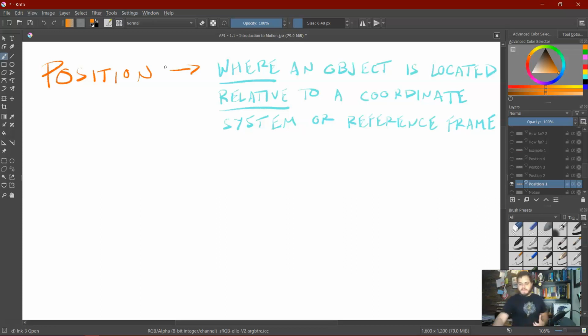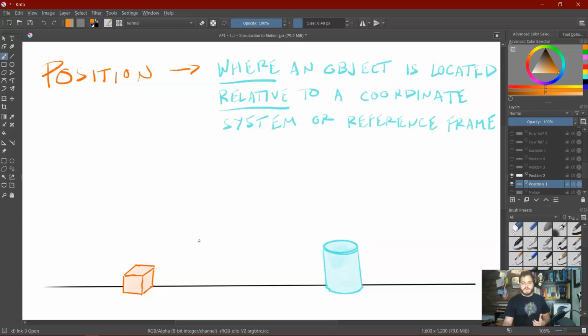We could say that, for instance, here, let's bring up an example real fast, that this orange cube and this aquamarine cylinder are next to each other, and specifically we could say the aquamarine cylinder is to the right of the orange cube, or the orange cube is to the left of the aquamarine cylinder. But a lot of these things are arbitrary. What does next to mean, or by, or right and left? We want something that is truly universal.